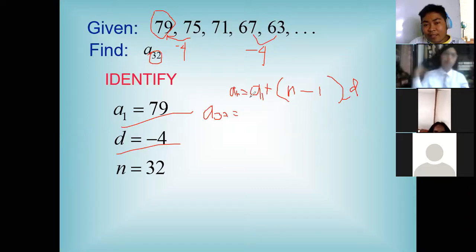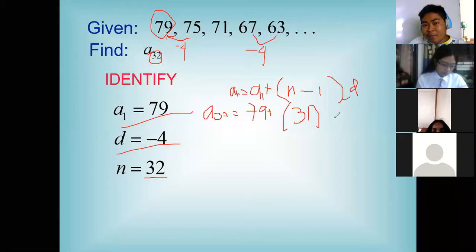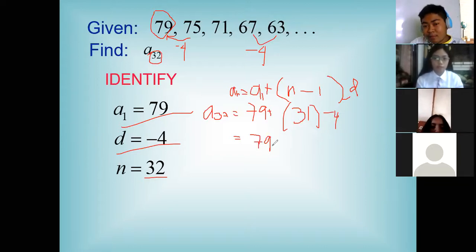We have 79, plus n minus 1: 32 minus 1 becomes 31, times the difference which is -4. So 79 will be added to 31 times -4, which is -124.